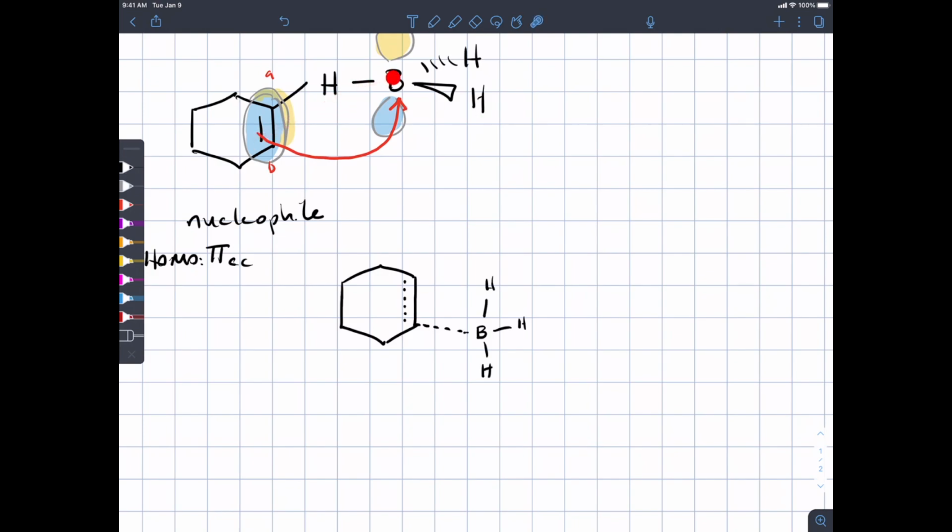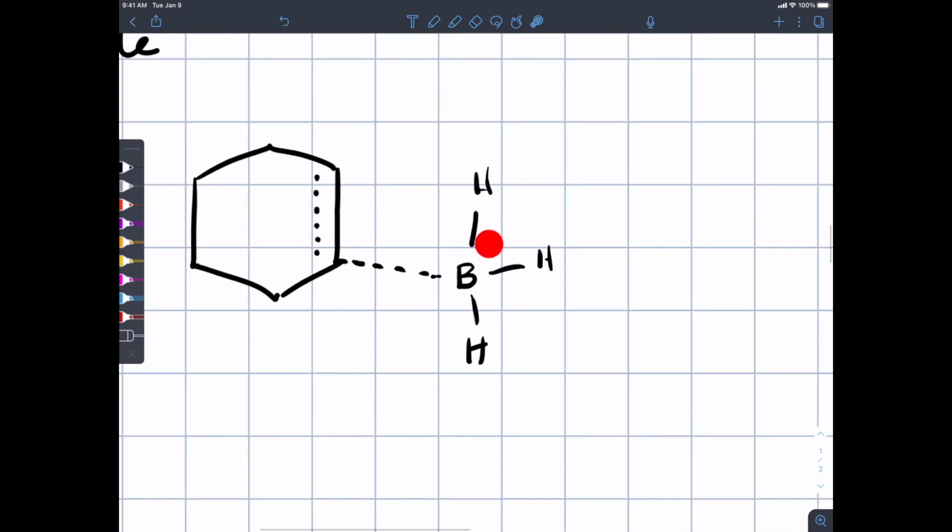Okay, if we made a full bond to boron, it would be bonded to 4 things, so that would tend to build up negative charge on boron, right? So I'm going to tell you that in the transition state, that already starts to happen. We build up formal charge on boron, and whichever of the 2 carbons of our alkene we start to make the bond with, the other one's going to have a corresponding buildup in positive charge, right?